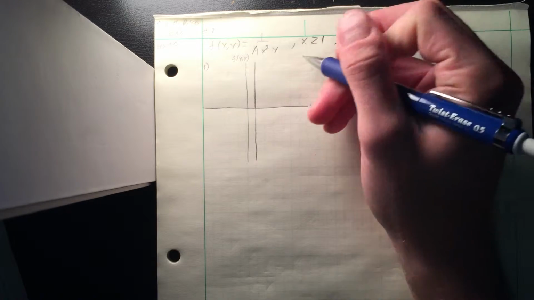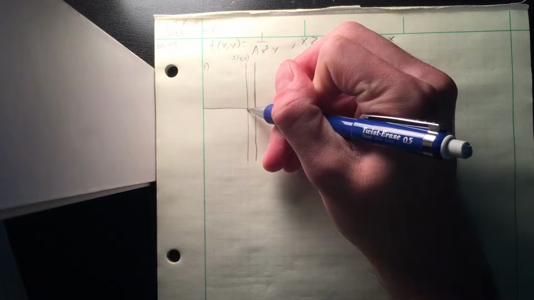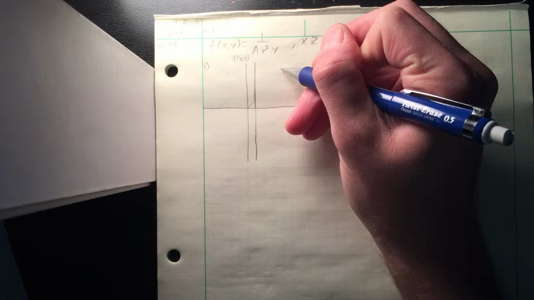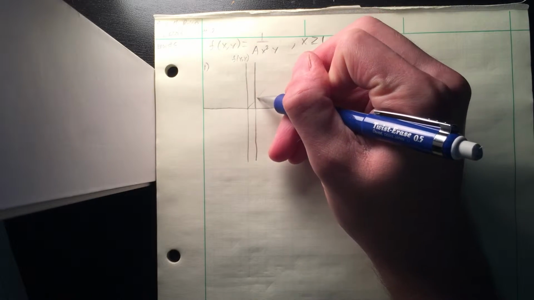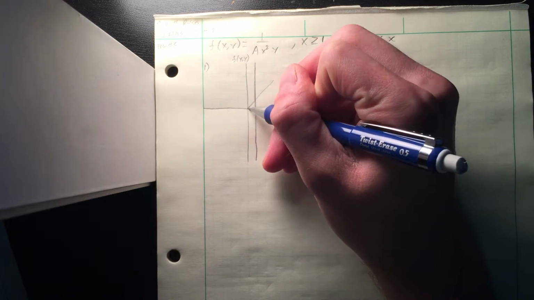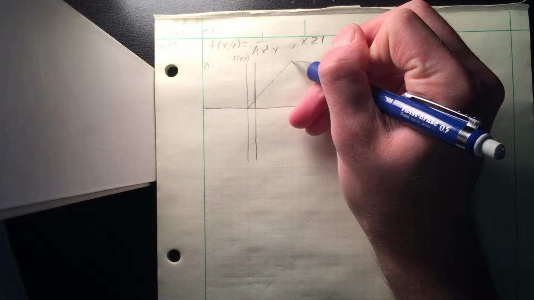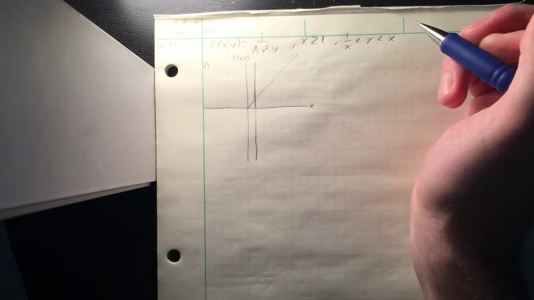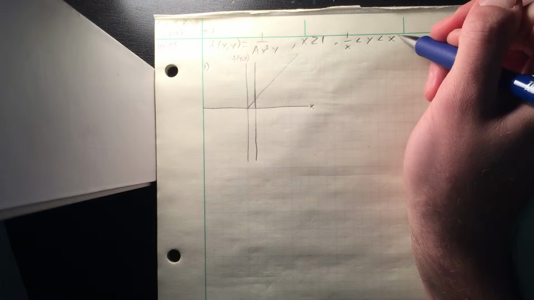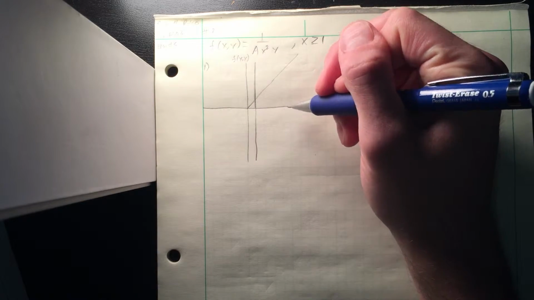So when y is equal to x, we have the classical y equals x line. And that's the upper limit. So everything below that will be valid.